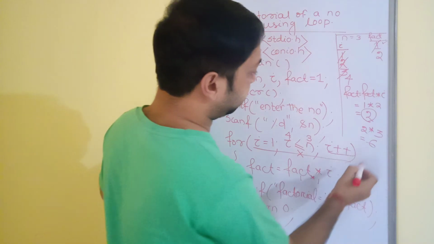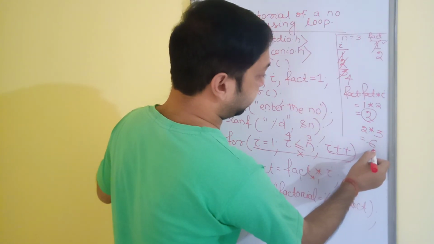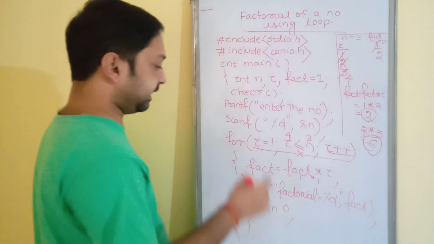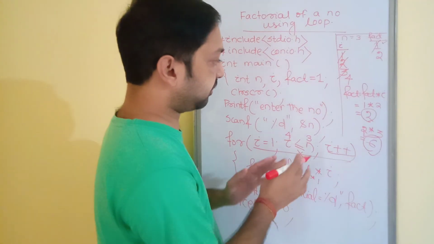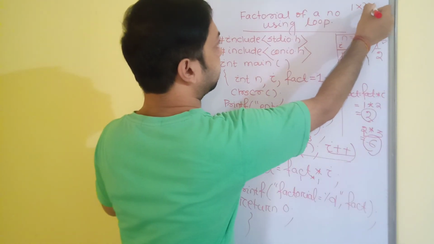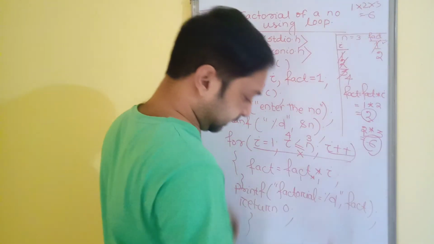So finally we need to find the value which is stored in fact. Now you can see here 6. And as usual, if we find the factorial of the number 3, that is nothing but 1 into 2 into 3, that is 6.